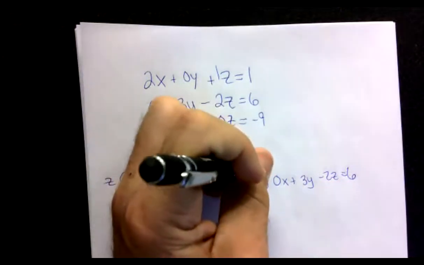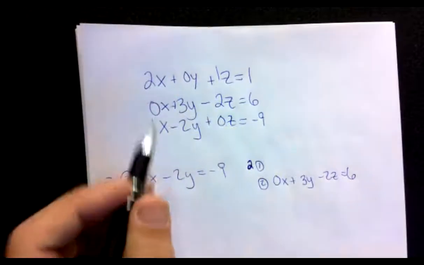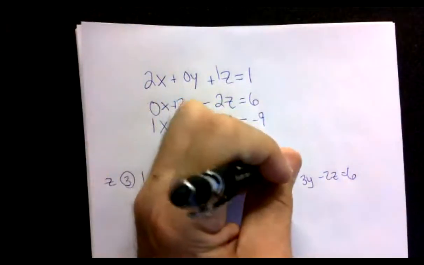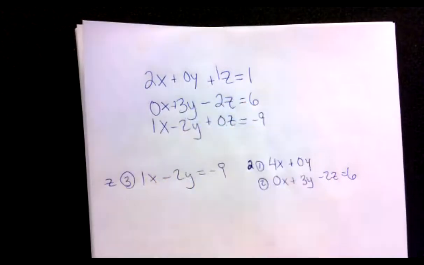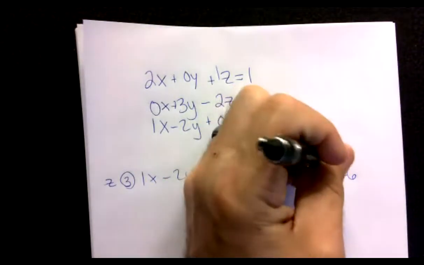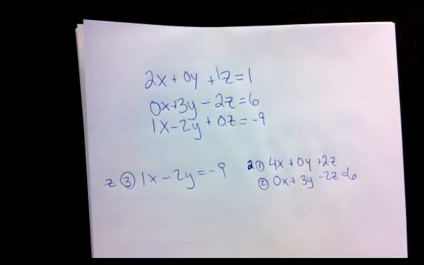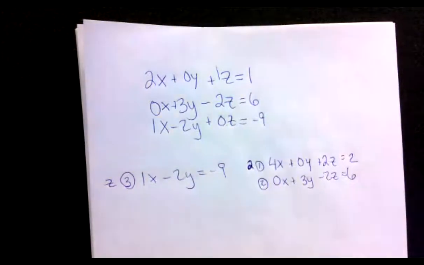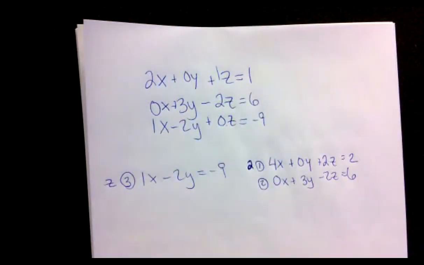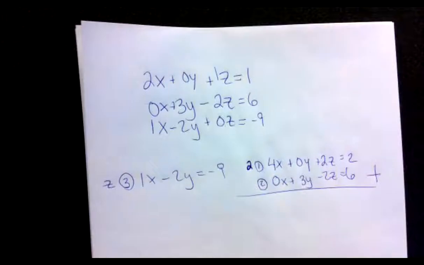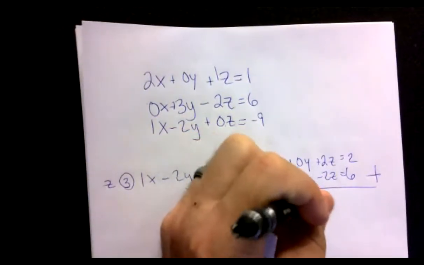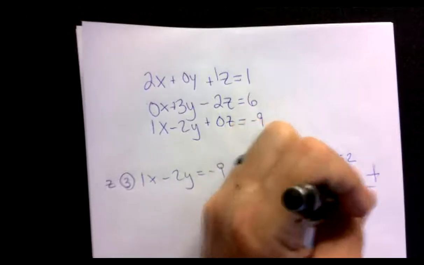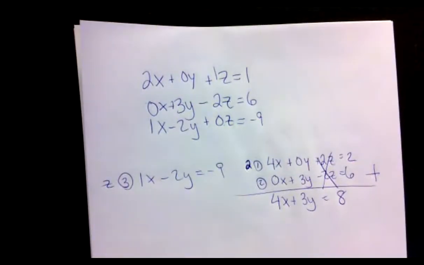So if I take 2 times equation 1, I'm going to get 4x, I'm going to get 0y, I'm going to get 2z equals 2. So now if I add those two equations together, my z's drop out, and I get 4x plus 3y equals 8.